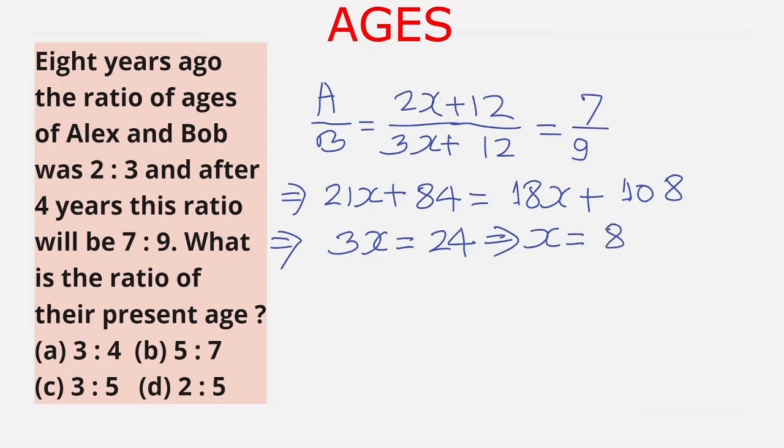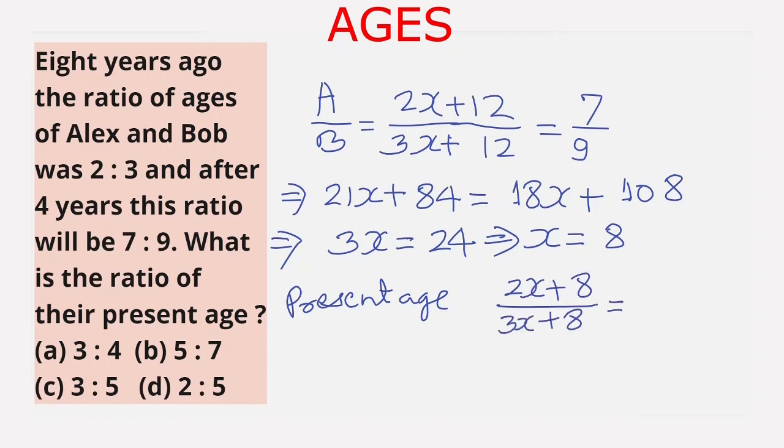And the present age is (2x plus 8) upon (3x plus 8), as 8 years ago the ratio of their ages were 2x and 3x. Therefore the present ages will be 2x plus 8 and 3x plus 8.